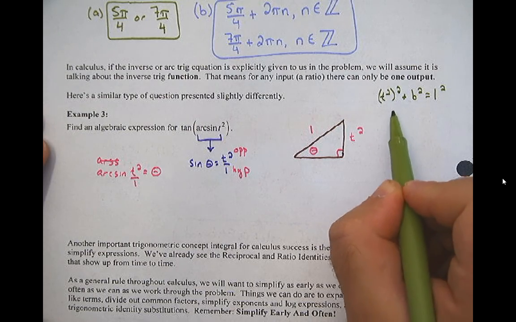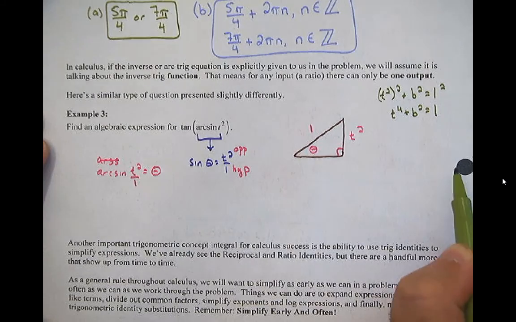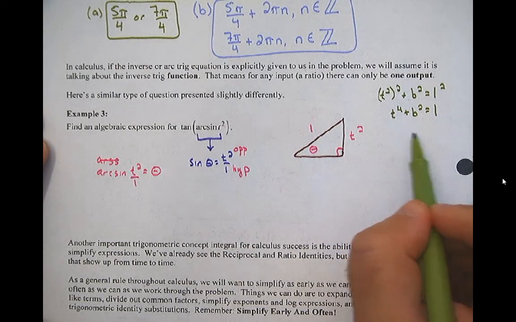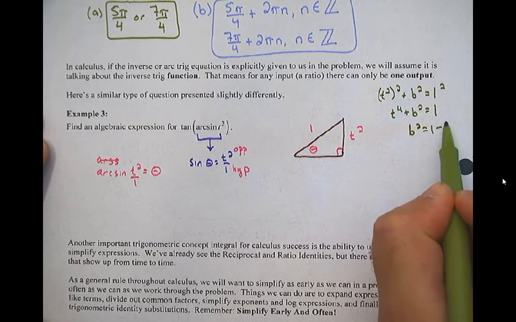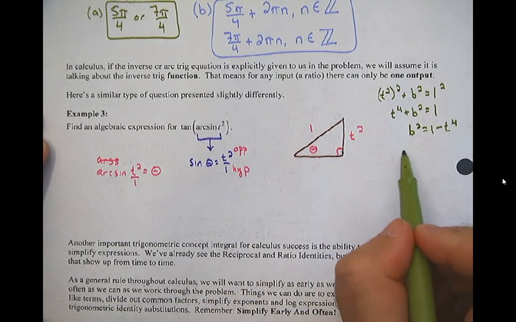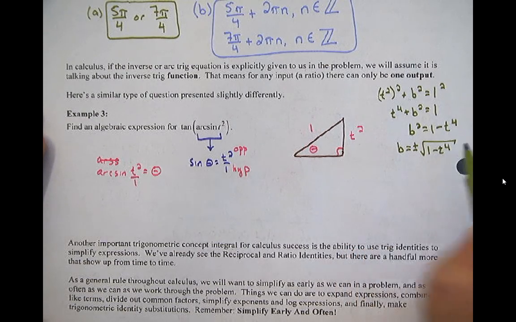T squared squared is t to the 4th, plus b squared equals 1. Then I'm going to bump the t to the 4th to the other side, so I would get b squared equals 1 minus t to the 4th. And then I would square root, and I would get b is equal to plus or minus the square root of 1 minus t to the 4th.